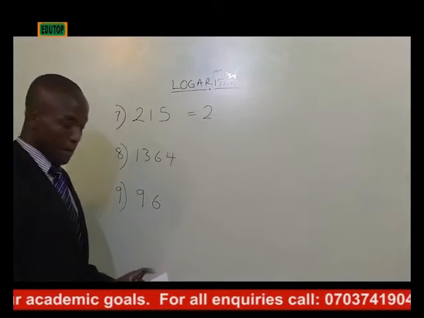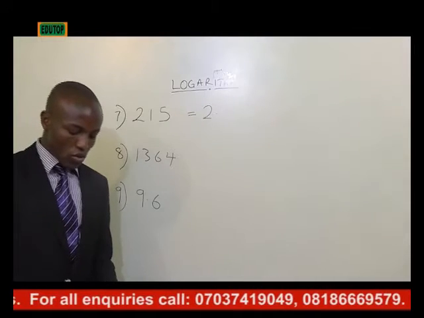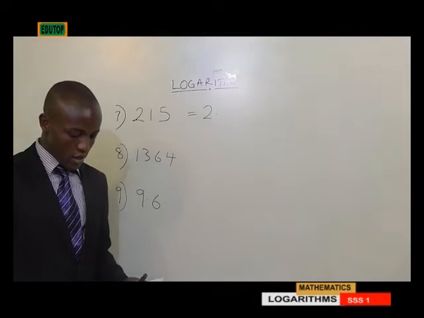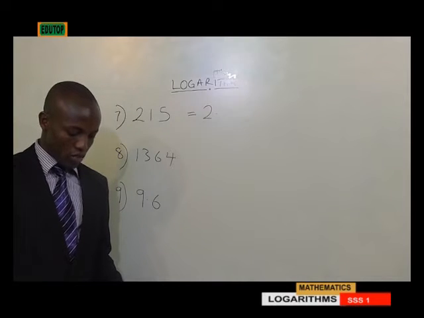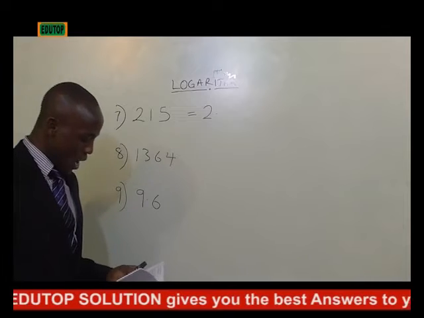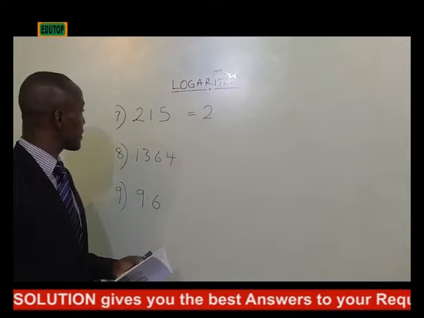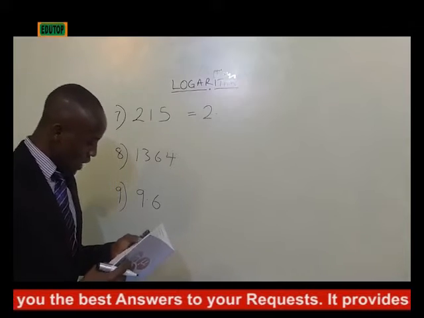Now to get our mantissa, that is our decimal fraction, we go to our logarithm table, under table 1, logarithms of numbers. We look at 21 under x. Under the column of x, you go to 21.